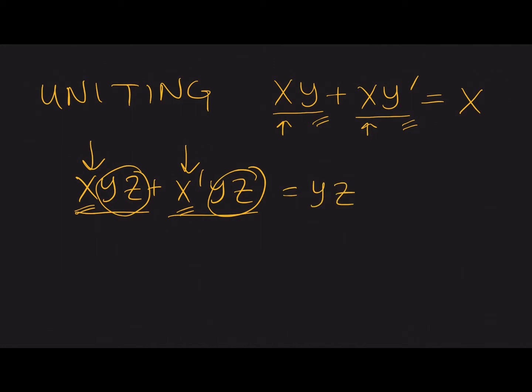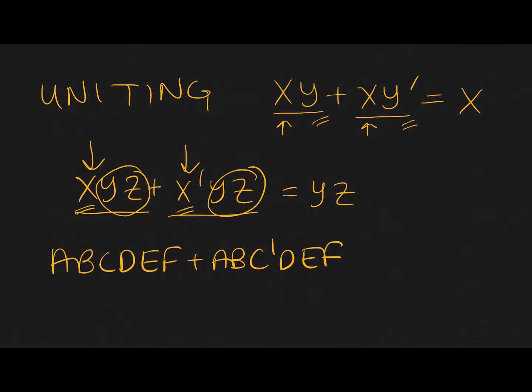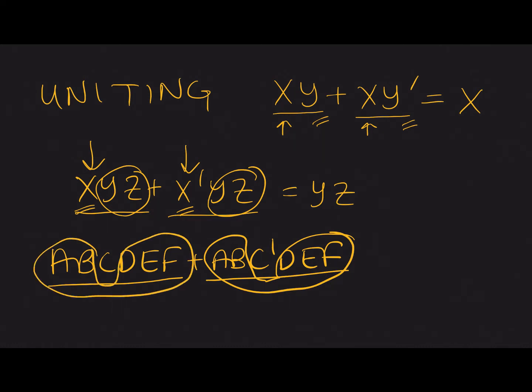Or we could even do abcdef, for example, plus abc prime def. They have the same number of terms. They share terms in common, and the term that's not in common exists in unprimed and primed form. This would be equal to abdef.